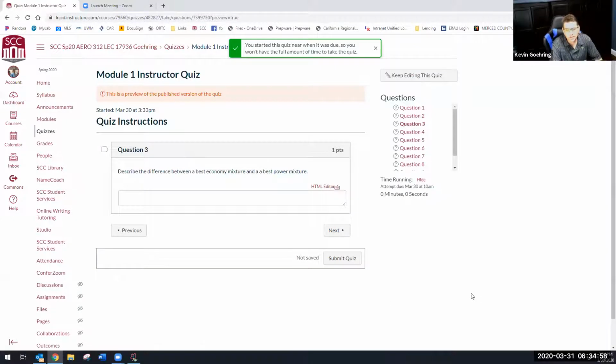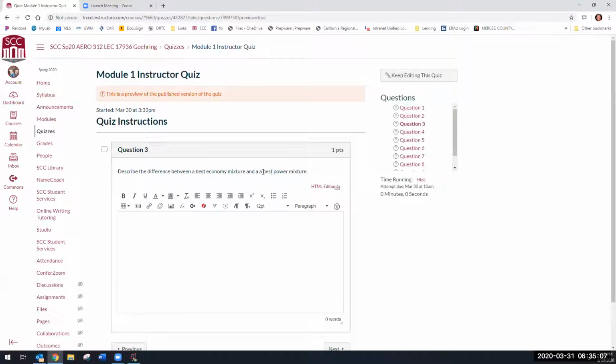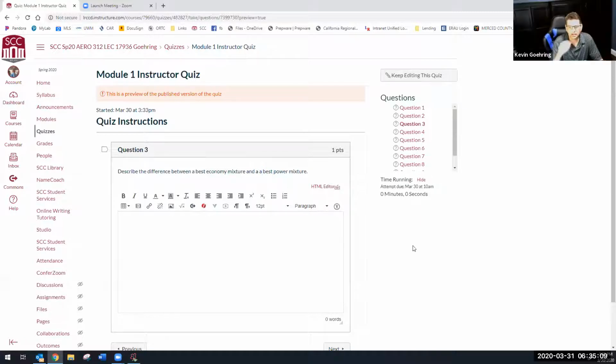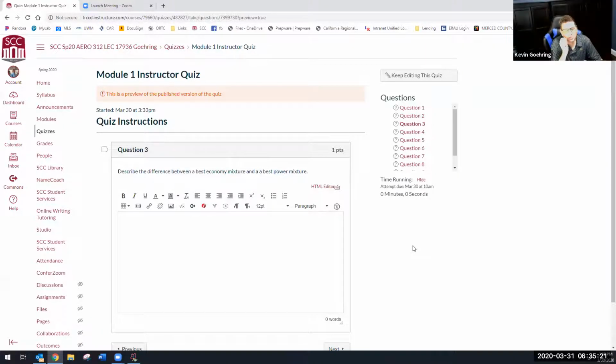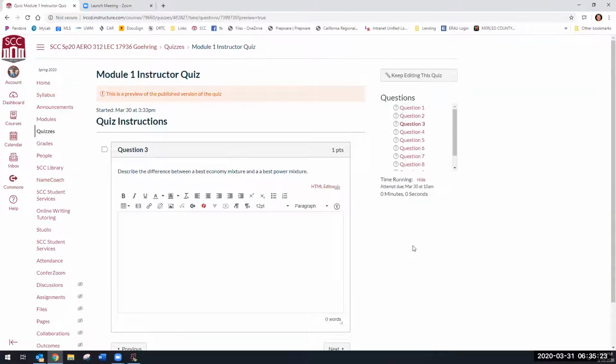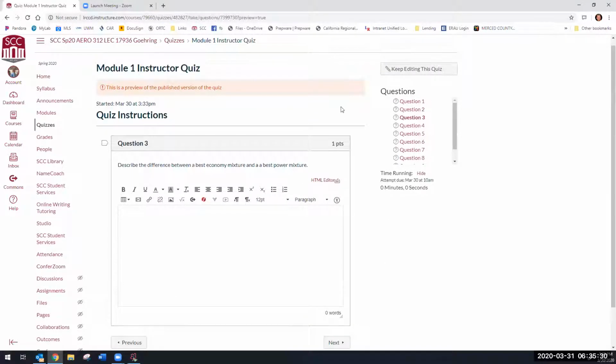All right, describe the difference between best economy mixture and best power mixture. Best economy will produce the most miles per gallon, the most economical mix, and best power is the most power it's going to produce.